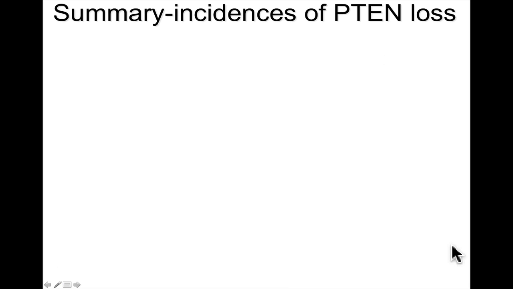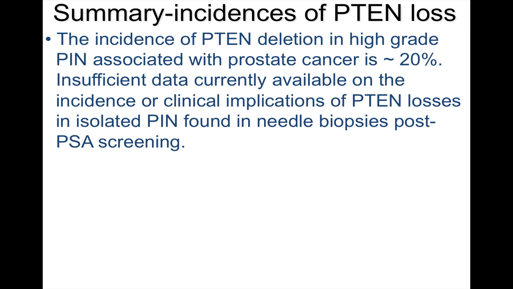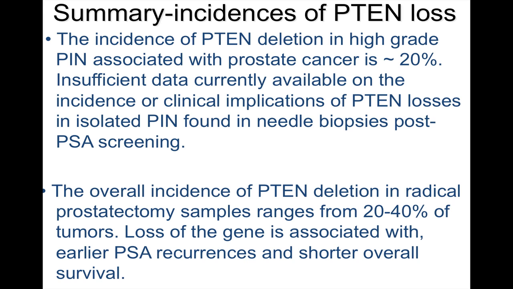So, to summarize, the incidence of PTEN deletion in high-grade PIN associated with prostate cancer is something like 20%. There's very little data currently available on the clinical implications of these losses, but certainly I think this is accumulating quite quickly. The overall incidence of PTEN losses in radical prostatectomy samples ranges from 20 to 40%.